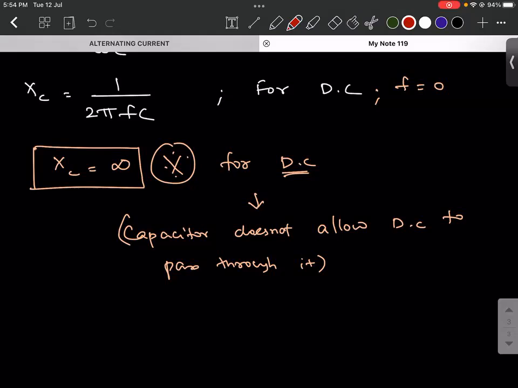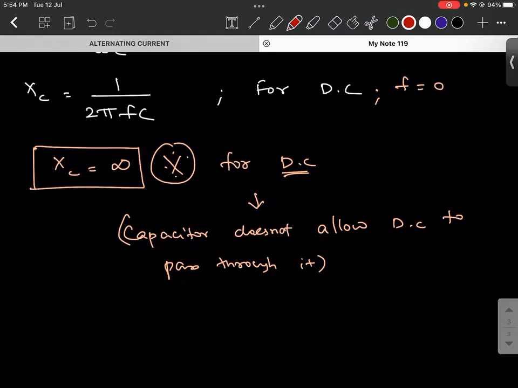So if you recollect in the second chapter, when you connected a capacitor, what kind of source was connected across it, DC or AC? We connected a normal DC battery.